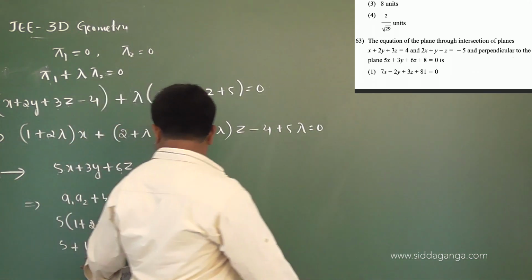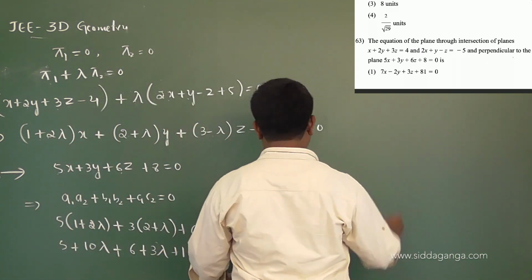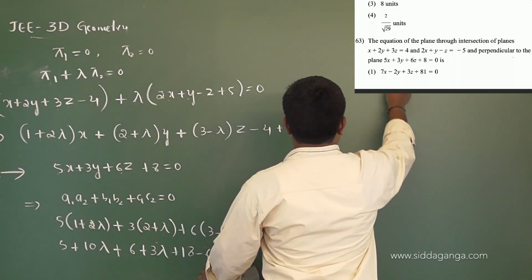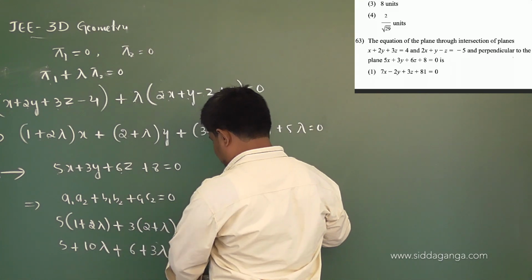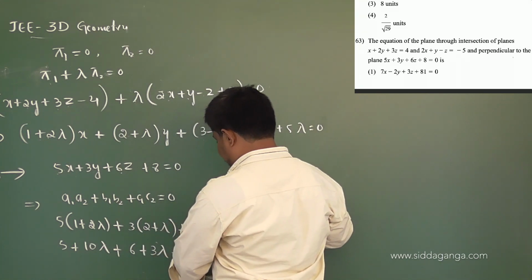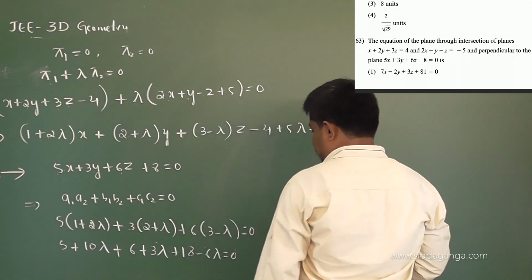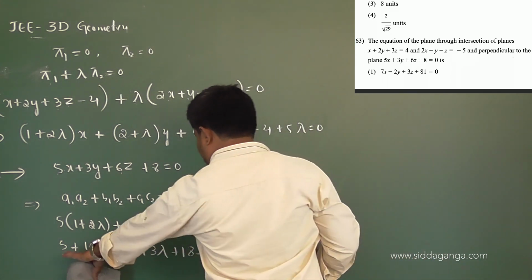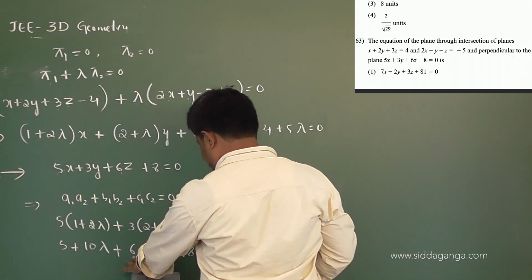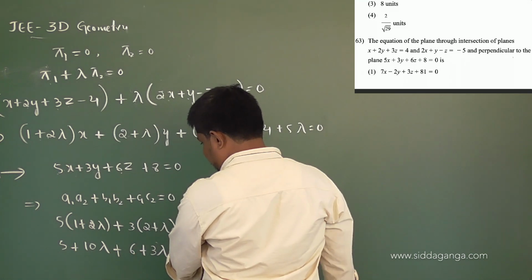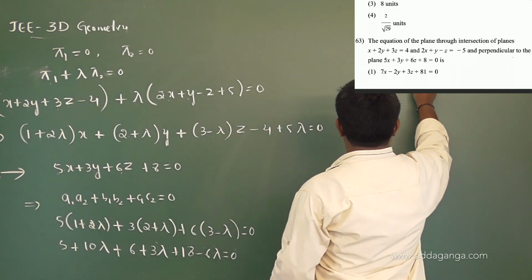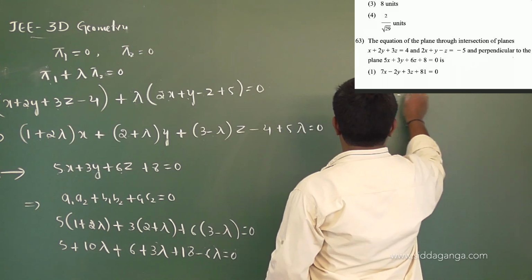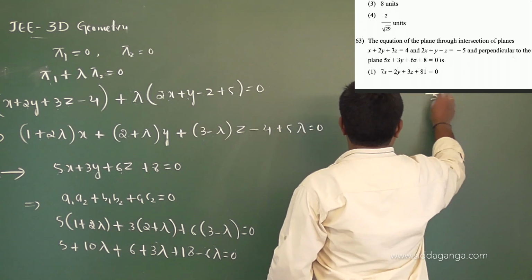So now you get 10 lambda, 13 lambda minus 6 lambda, 7 lambda, plus 5 plus 6, 11, and this is 18, right? Yes, 5 plus 6 is 11, 11 plus 18 is 29. So we get 7 lambda plus 29 equal to 0. So lambda is equal to minus 29 by 7, right?